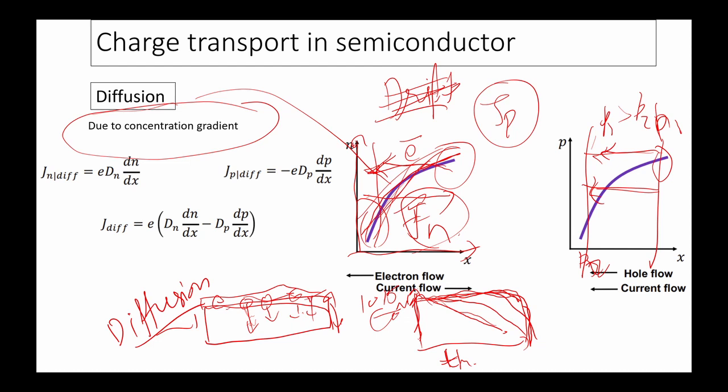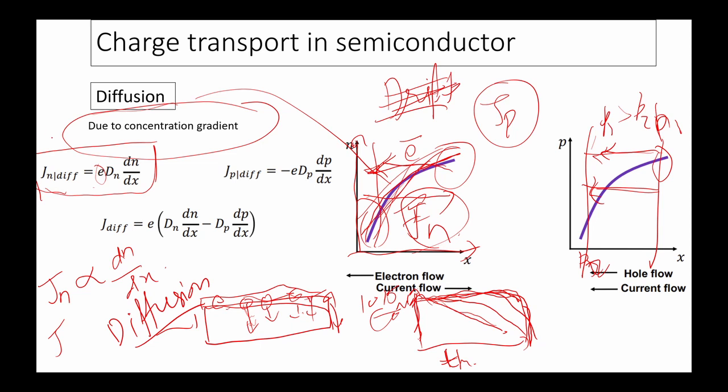So Jn is directly proportional to dn by dx. The charge on the electron should be there, and Jn diffusion is given by this one. We can derive that, the derivation is too simple, but I am not going to derive it.